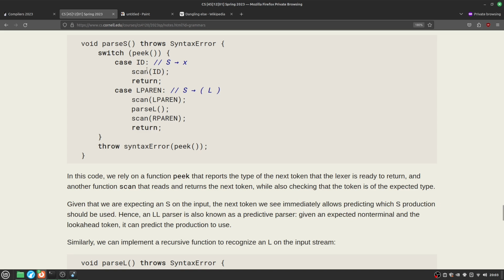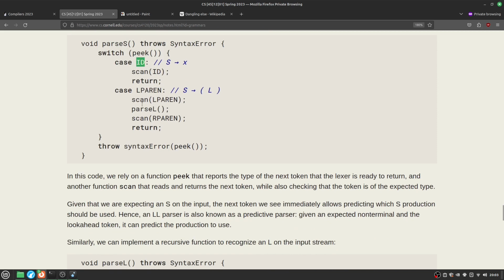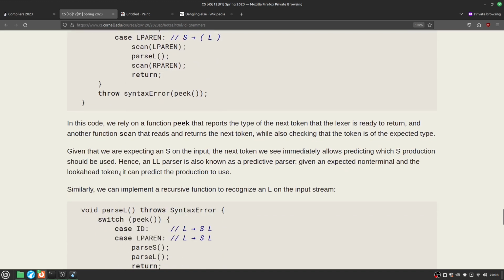So this scan, wait a minute. No, so the peek, yeah, we peek, and if it's the case of an ID or a left parenthesis, then we do what we gotta do.